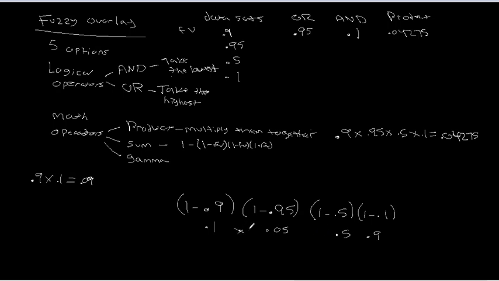Then we're going to multiply them together, and we get a value of 0.00225, and then it's 1 minus that. And we end up with a final suitability of 0.998.